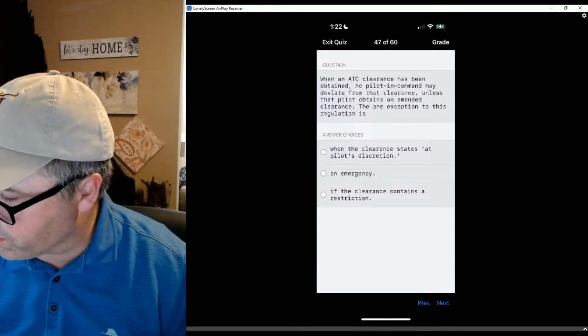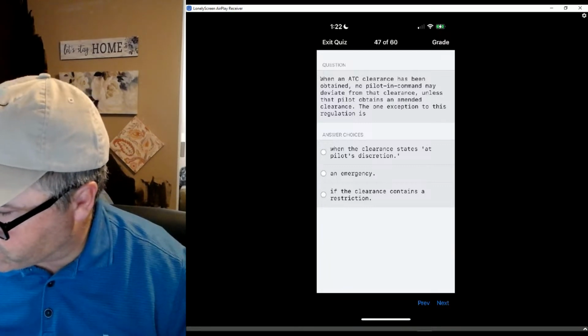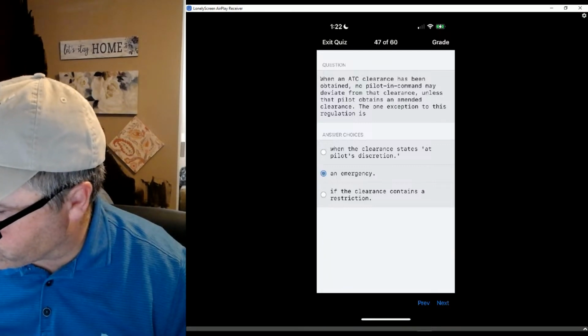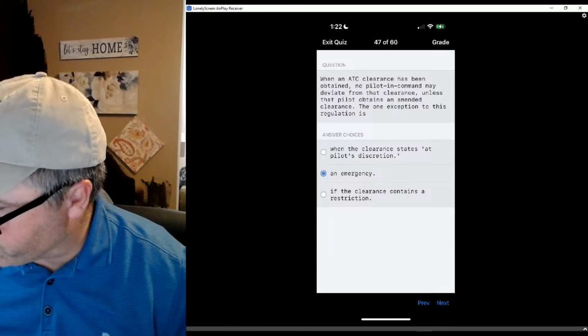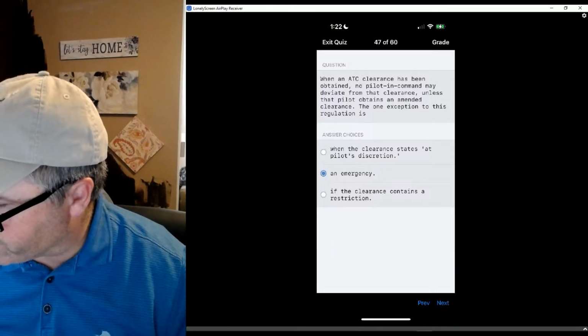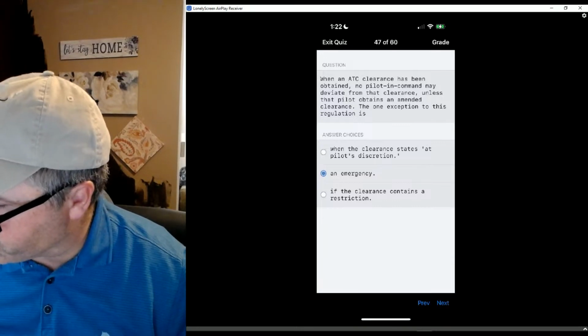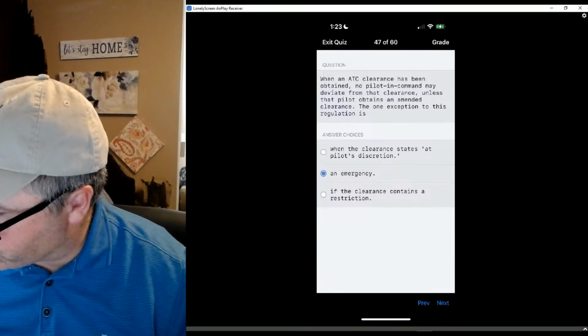An emergency. The one you can always do anything in an emergency. If the clearance contains a restriction, when can you deviate it? No pilot may deviate it. The one exception is the clearance restriction. That's part of the clearance. No, an emergency. You can always deviate from a clearance in an emergency.